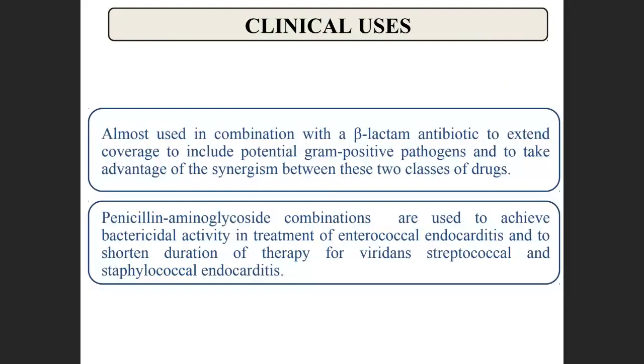Now coming to clinical uses, most of the time the aminoglycosides are combined with penicillins, and this combination is used in the treatment of endocarditis. This endocarditis might be caused by different types of bacteria.